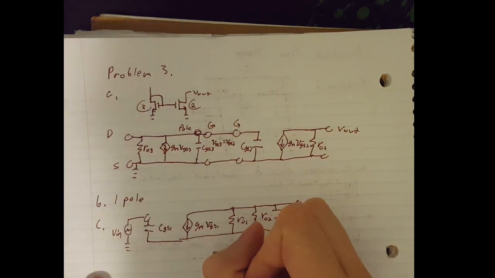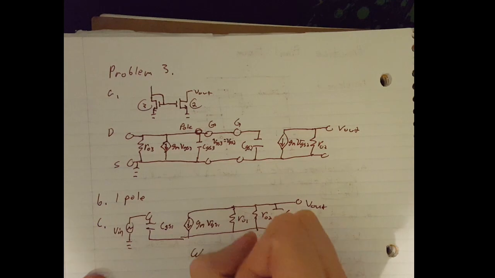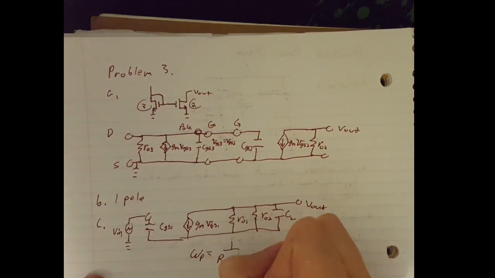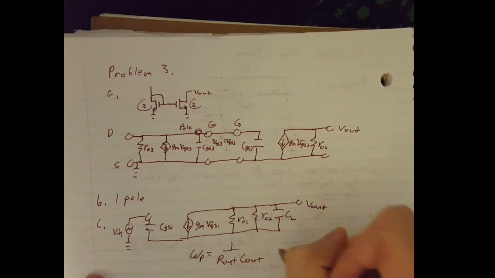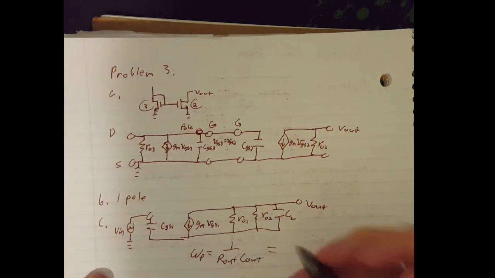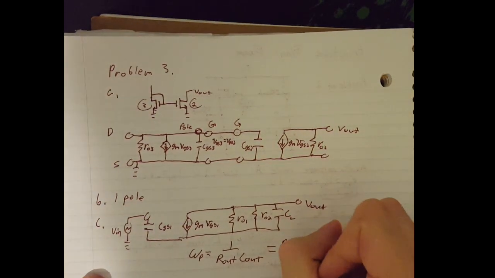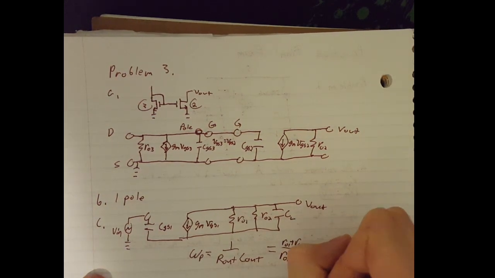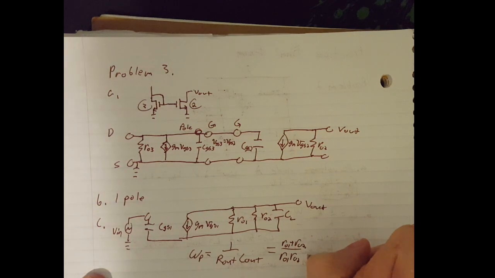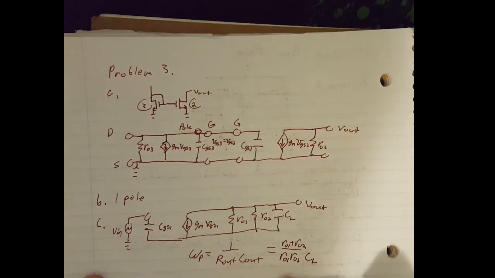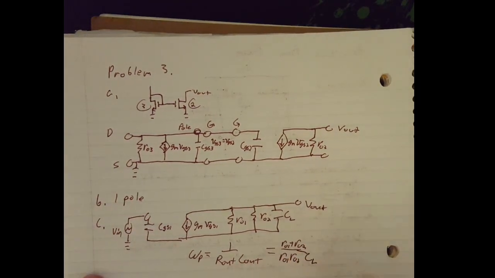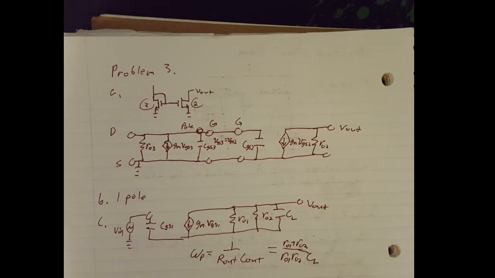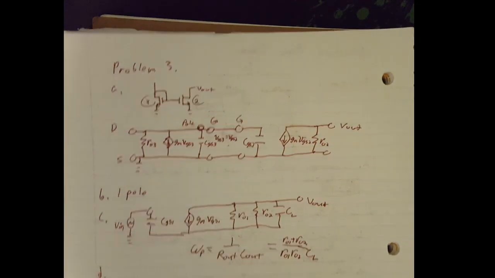So that's going to be ωP is going to be 1 over R out C out, which R out is these two in parallel, which we already know. Is this, and so there is our ωP. So D asks, what is the approximate numerical value of this?